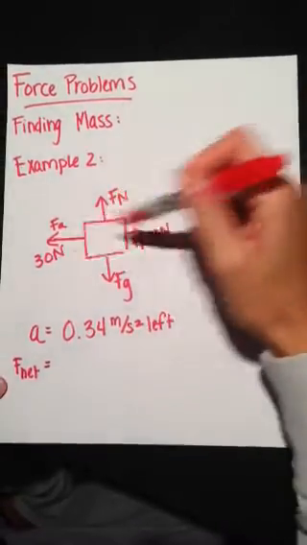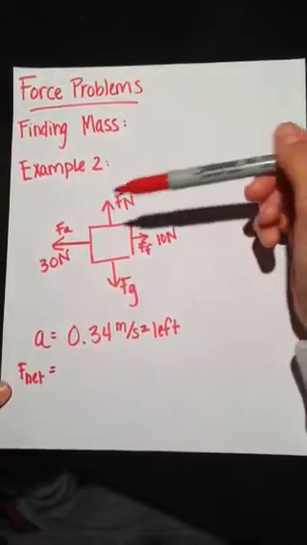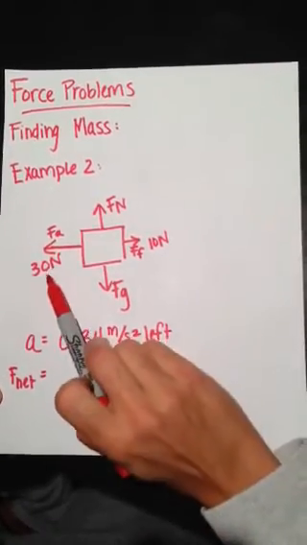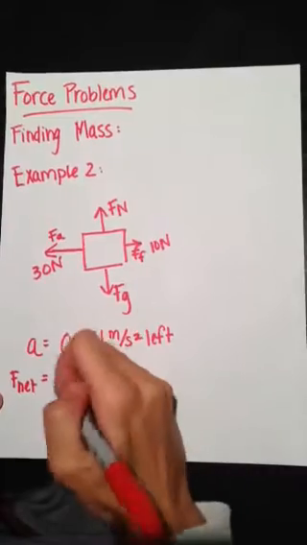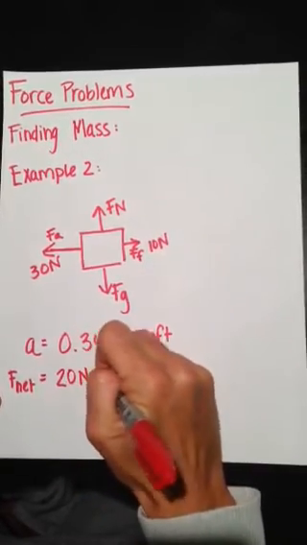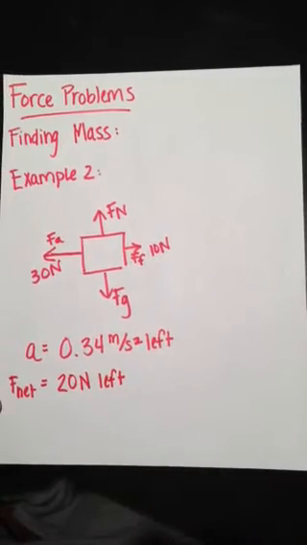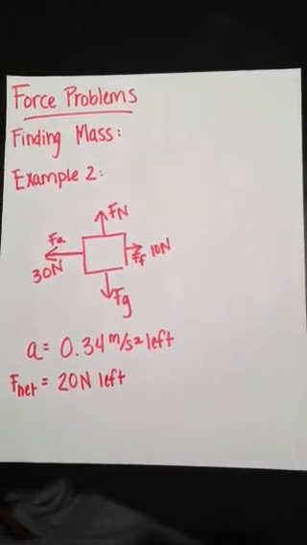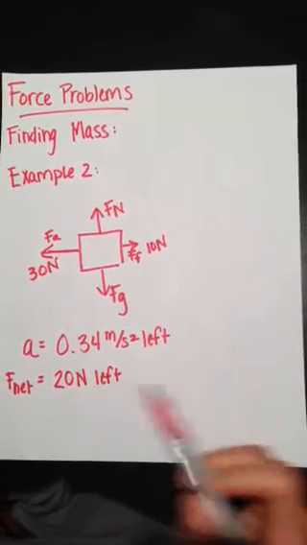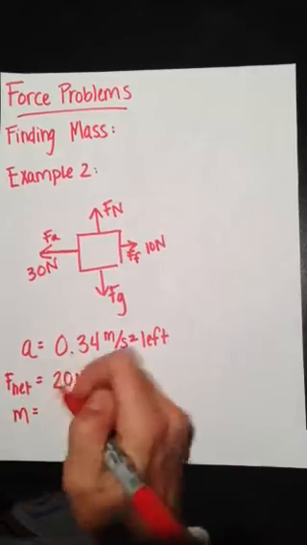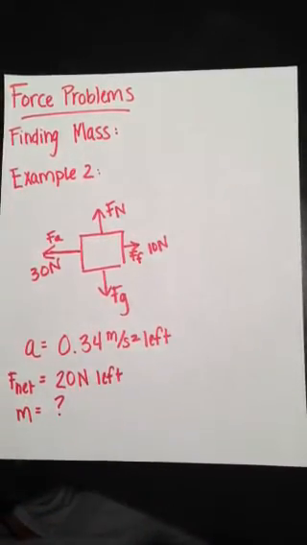So I'm left with my horizontal force. If my force applied is 30 newtons and my force of friction is 10, I have 20 newtons greater to this side, so my net force is 20 newtons to the left. Okay. Again, force is a vector quantity, so we not only need magnitude, but we need a direction. So then I'm left with what I'm missing, and that's my mass.